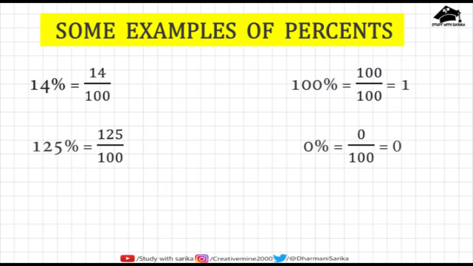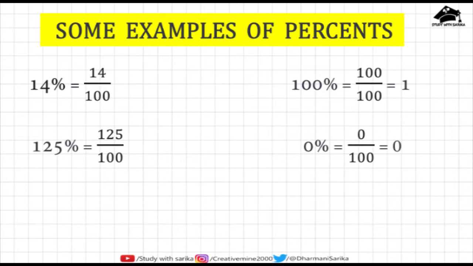The first example is 14%. 14% can be written as 14 divided by 100, which means it is a fraction whose denominator is 100. The second example is 100%. 100% can be written as 100 divided by 100, and after simplification, the answer is 1. So whenever you come across 100%, you can simply write 1 as the answer.